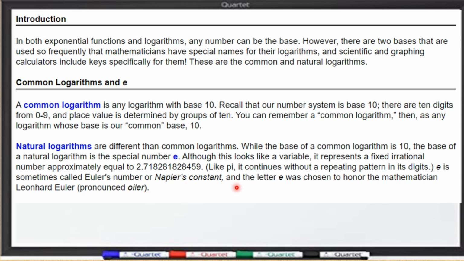Like pi, it continues without a repeating pattern in its digits. E, or Euler's number, or Napier's constant, and the letter E was chosen to honor the mathematician Leonhard Euler, pronounced as Euler.